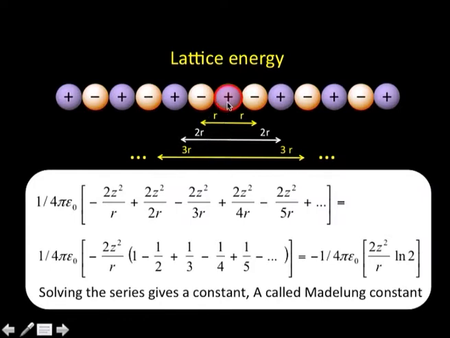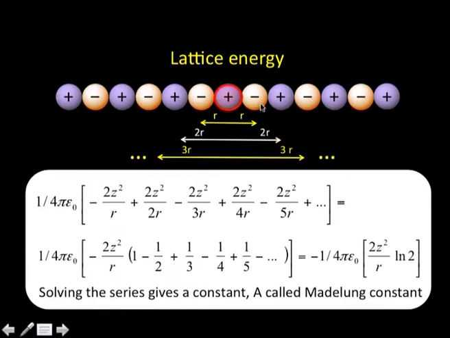This ion has one next neighbor of negative charge at a distance r from it. That means the distance between this nucleus and that nucleus is r. Similarly, in the other direction too, on both the positive side and the negative side, at a distance of r it has a negative ion. At a distance of 2r it has a positive ion, at a distance of 3r a negative ion, and so on and so forth.